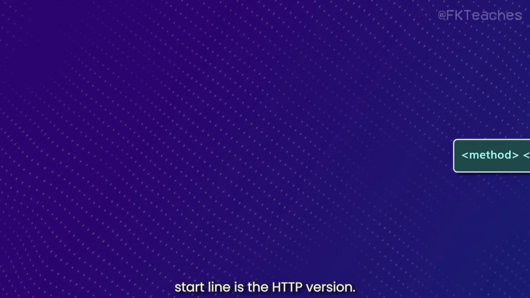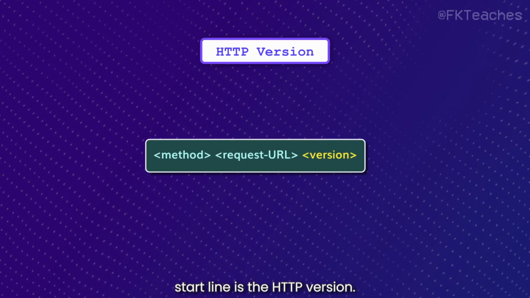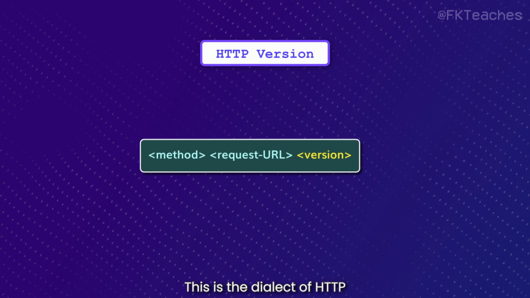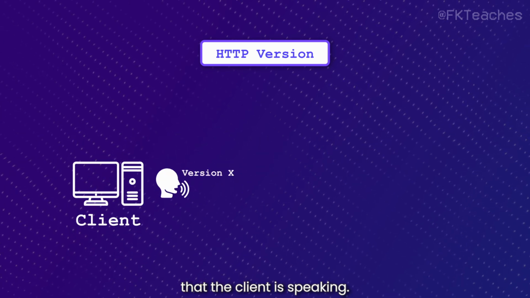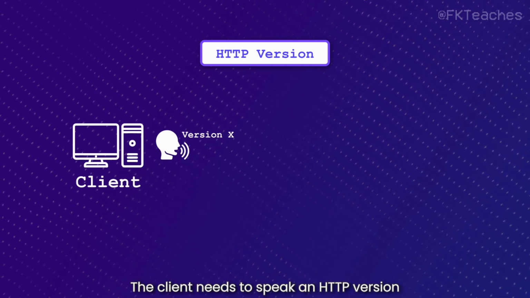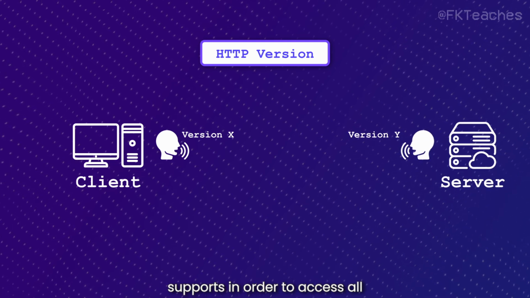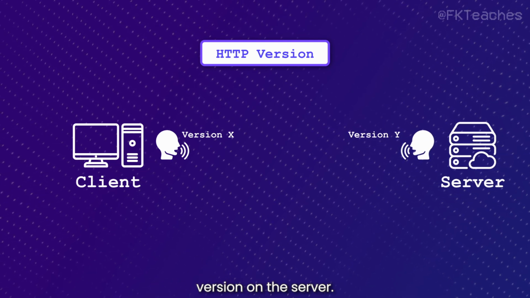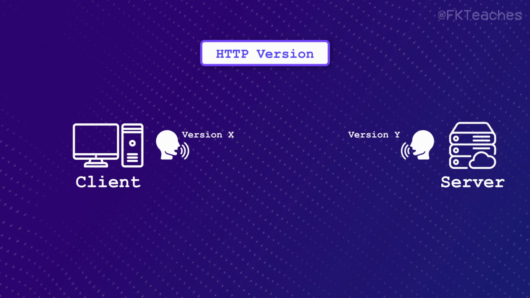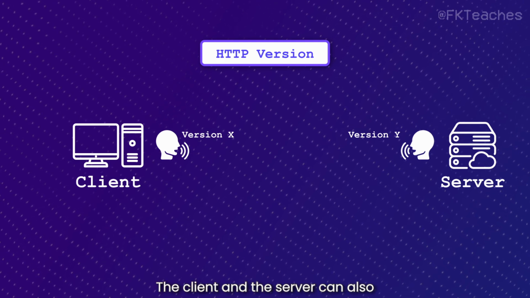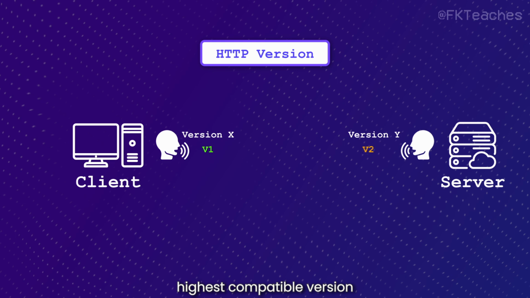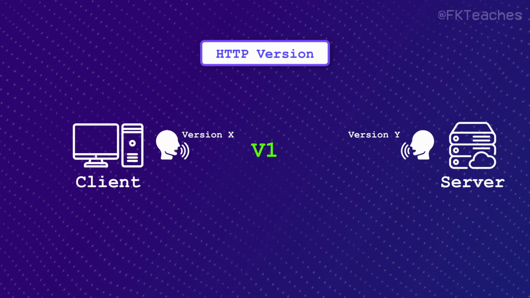Finally, on the request start line is the HTTP version. This is the dialect of HTTP that the client is speaking. The client needs to speak an HTTP version that the server supports in order to access all the features for that version on the server. The client and the server can also negotiate to determine the highest compatible version they can speak.